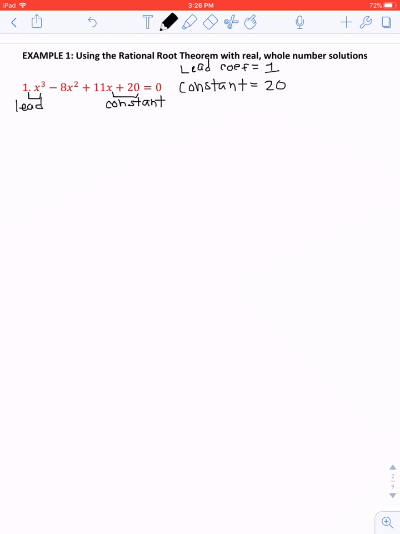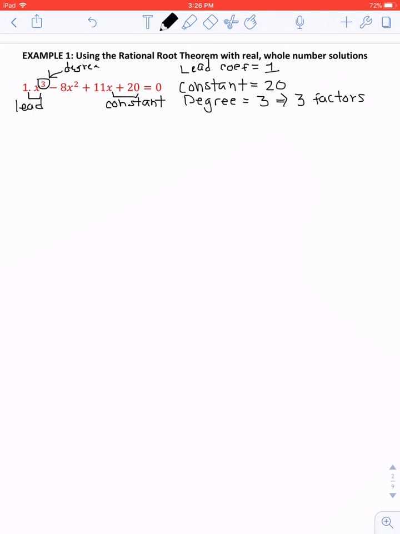And another thing that we're going to talk a little bit about, but we'll go more in depth later, is our lead degree. All right, so the degree is 3. That tells us that there should be 3 factors.